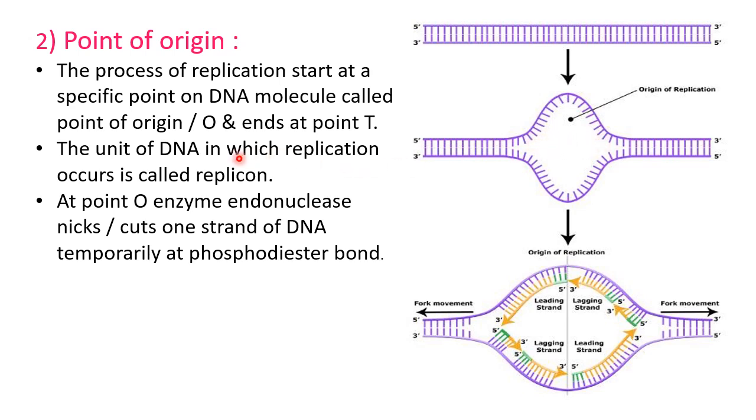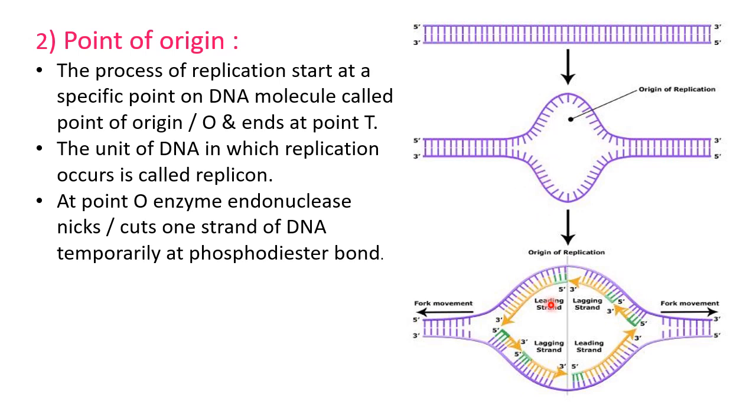The unit of DNA in which replication occurs is called a replicon, and this point where the process starts and the two strands start to separate from each other is called the origin point, also called the starting point or point of initiation, or in short the O point. At this O point, the enzyme endonuclease cuts one of the DNA strands temporarily by breaking the phosphodiester bonds.